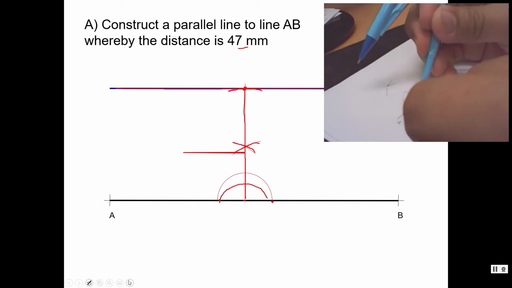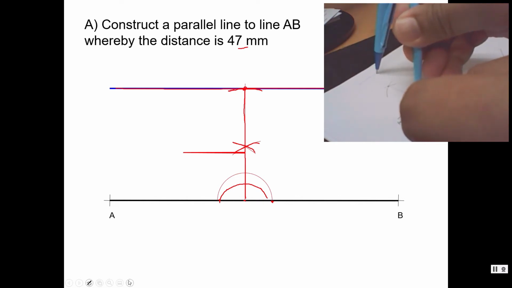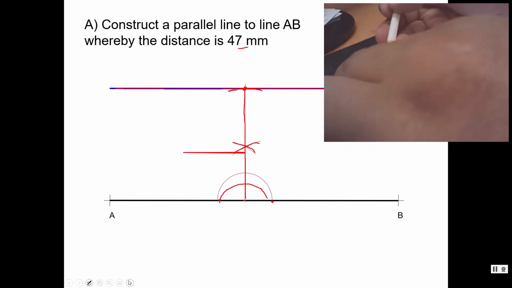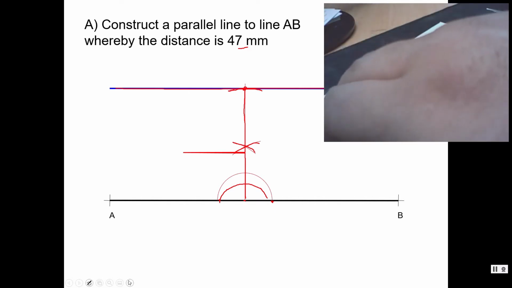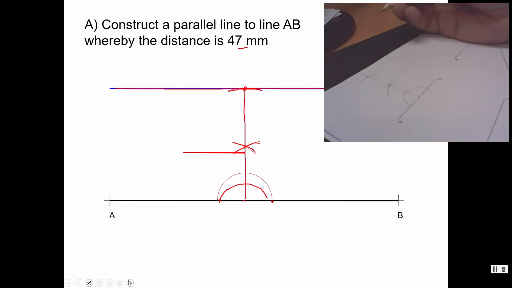Okay, once you measure it, you just need to give it a sign there. Okay, so this one you can extend it. Okay, so now you have this point, which is exactly 47 mm distant from the AB line.